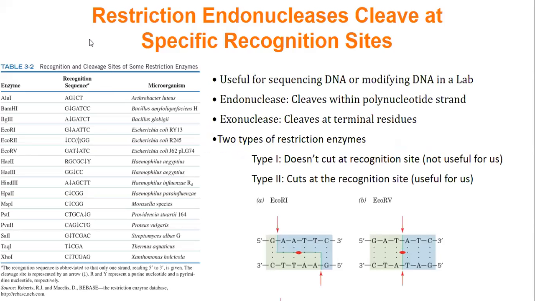So in biochemistry, one of the techniques you do a lot is you manipulate DNA. And if you took molecular biology, you've probably already seen something like this before. But for us in a lab for biochemists, and for anybody who modifies DNA, one of the things you really need is an enzyme called a nuclease.